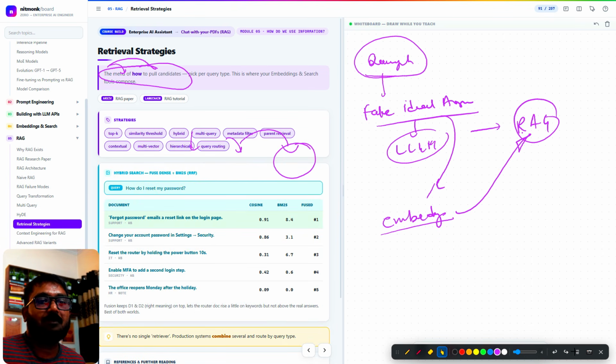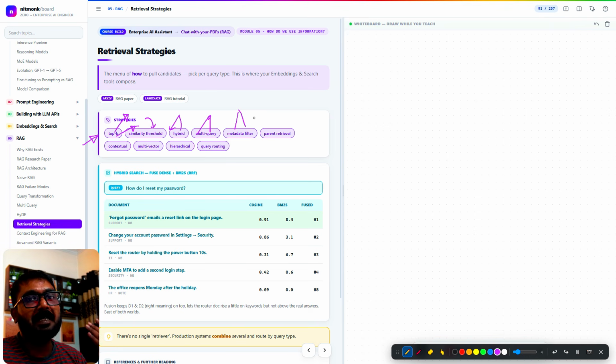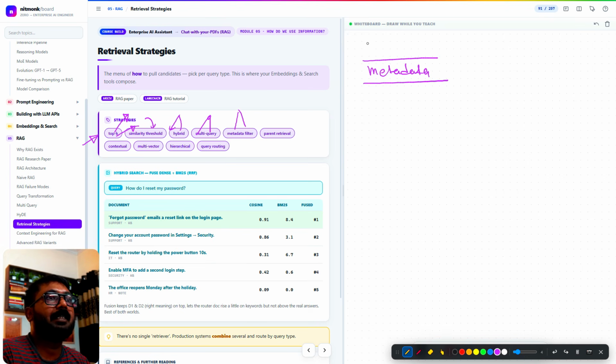Retrieval strategies are there that we have already covered. This is all about retrieval. There is top-k, similarity threshold, and hybrid, which means lexical plus similarity search. Similarity is a vector embedding. Top-k is the number of results being returned. Multi-query is about turning the query into multiple ones. Metadata filtering we have already understood: adding metadata for each and every chunk that we put in, and then applying AND or OR queries to get results.